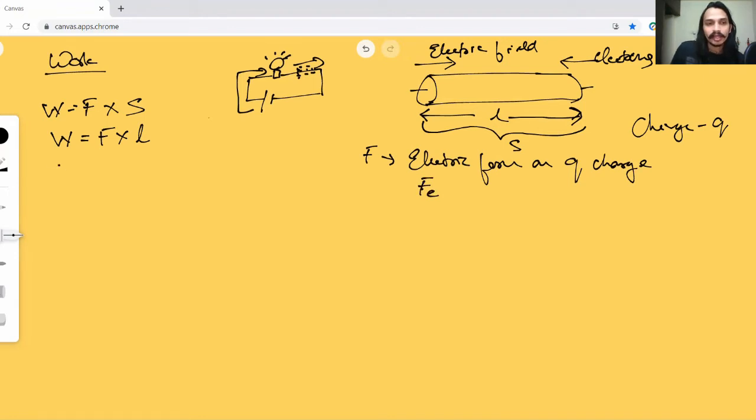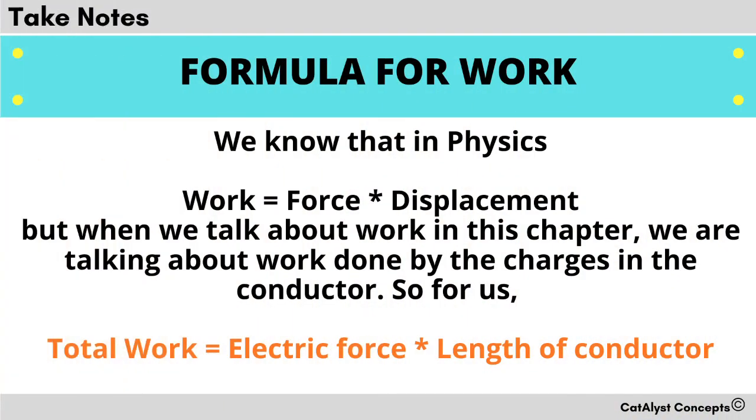Then I will write this as W equals F_e into L. So the work done by this electric field or this electric force is nothing but the force it generates on the charges multiplied by the displacement it's creating in the charges, which is along the length of the conductor. Simple enough.